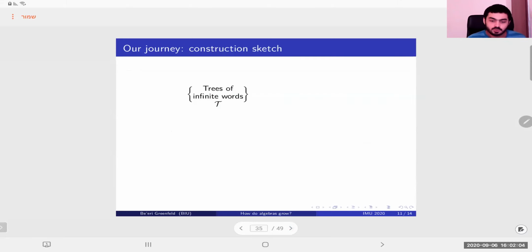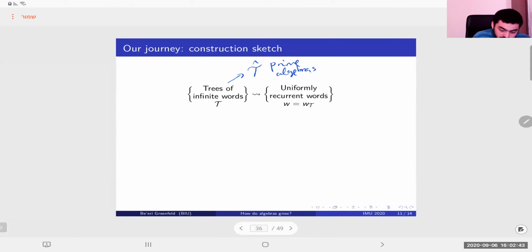Okay, I want to take you into the sketch of the multi-domain journey that leads to this construction, and it involves various fields. So you have 3 minutes for the journey. We start with trees of infinite words as in the Bartholdi-Smoktunowicz construction. As you remember, I said that we are able to modify them to result in trees that give rise to prime algebras.